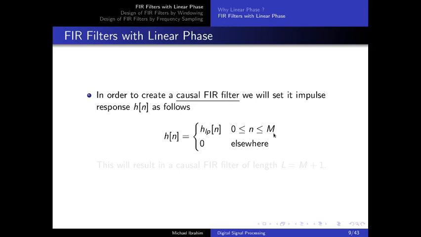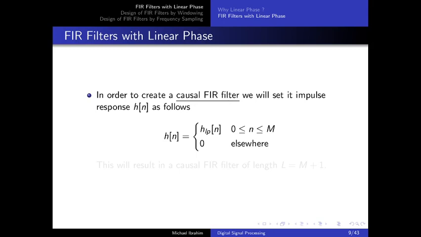And the value of m is determined by the symmetry in the impulse response. We need to keep the symmetry. That's why if you want to take m up to a certain point, you need to make sure that the symmetric sample, which is equal to h of m, is still there, which is h of 0. And this basically will give us a relation between m and alpha, as we're going to see later on.